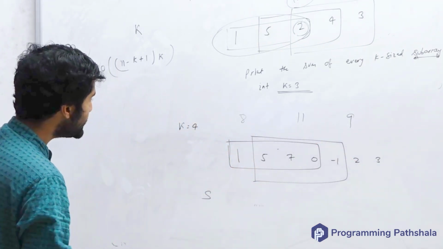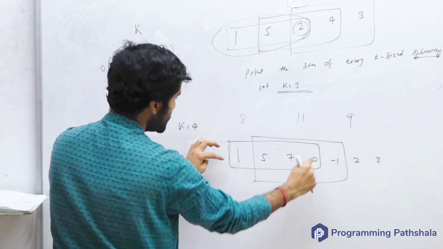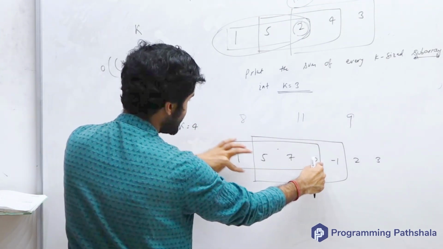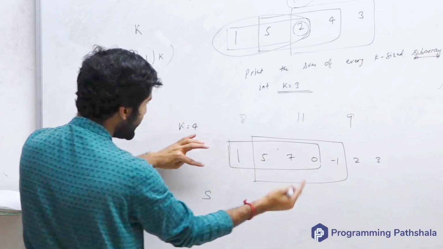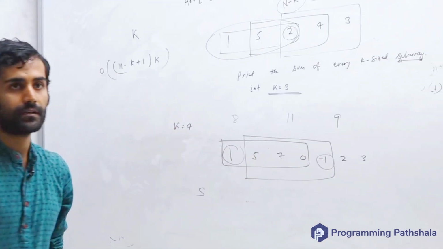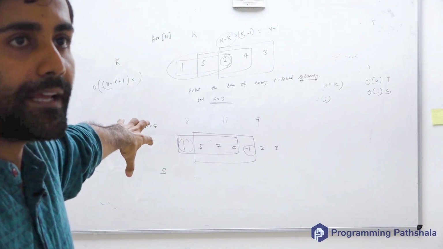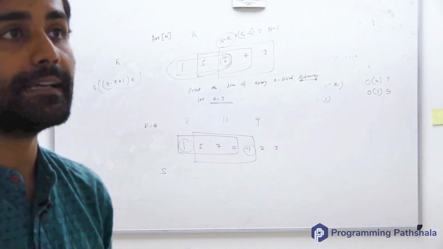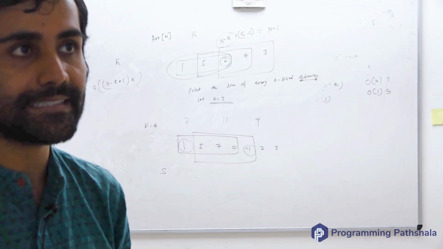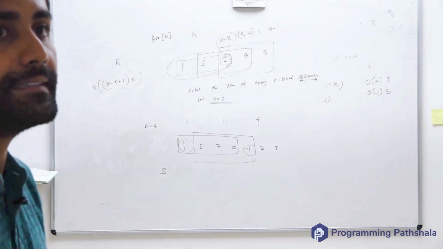Can I say that the difference between the first window, let me call it a window, which starts from a point and ends at a point, and the next one is just of 2 elements? So whenever this window progresses by 1 unit, one particular element is kicked out and another element is welcomed. Can I say that? So the sum computation will be very easy if you think of it in this manner.